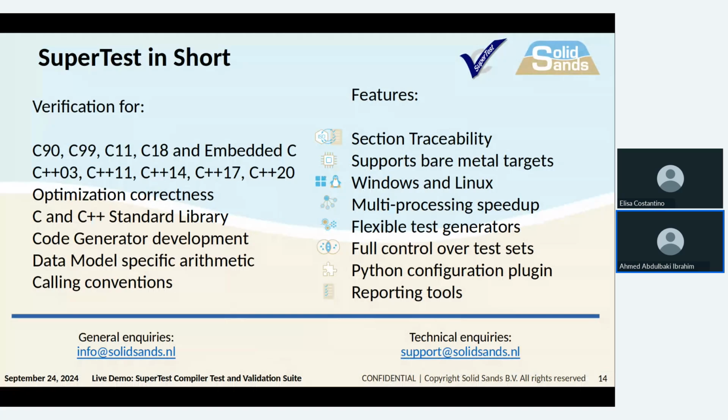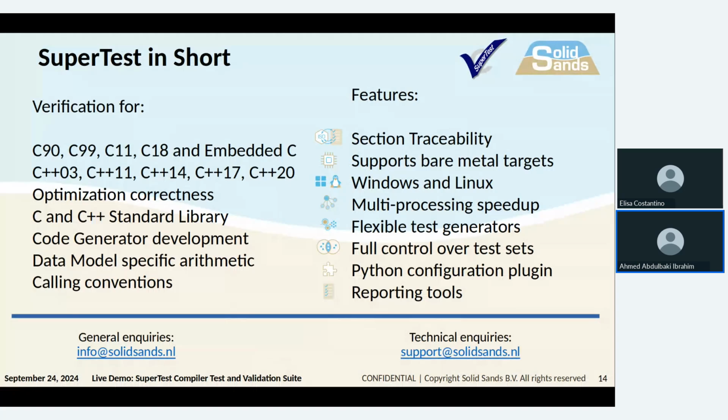I see we already have a few questions, so we can go through them. One question asks, how long does it take to run SuperTest? And that typically depends on how long it takes to run a test on your target. Running SuperTest for a host compiler would be very quick because the executables can be directly executed on the host as well.